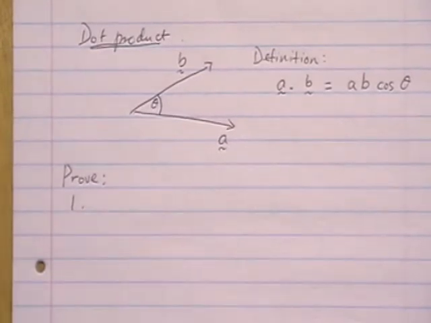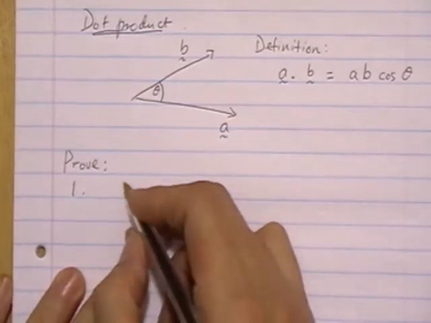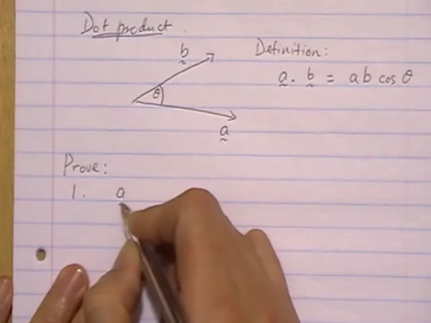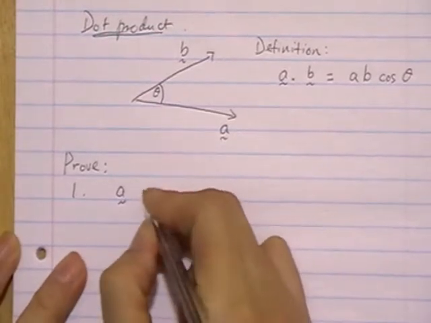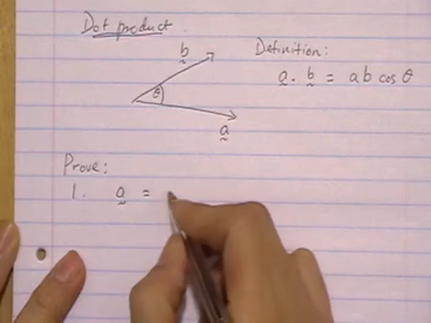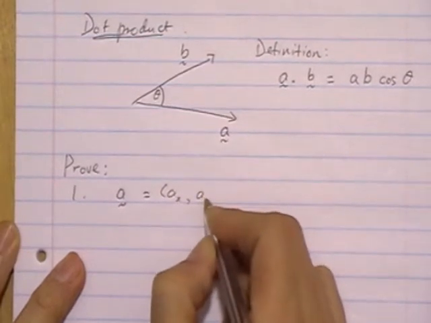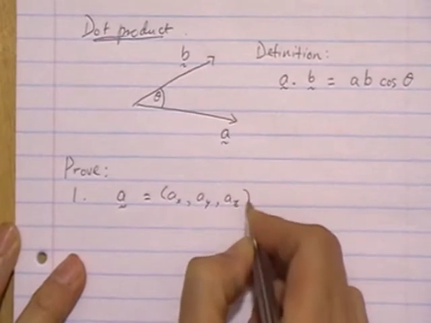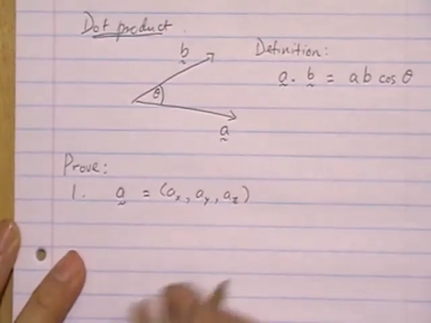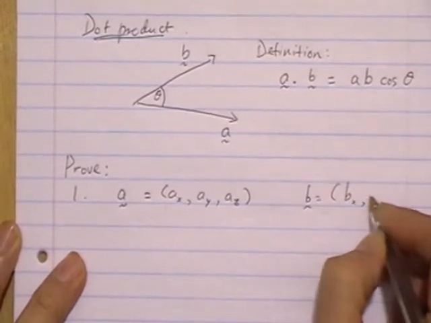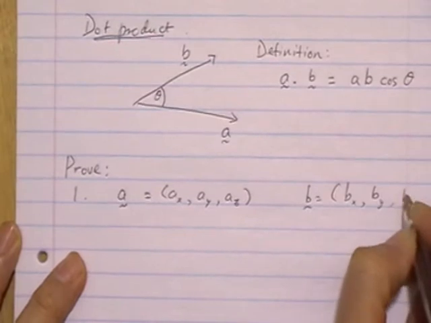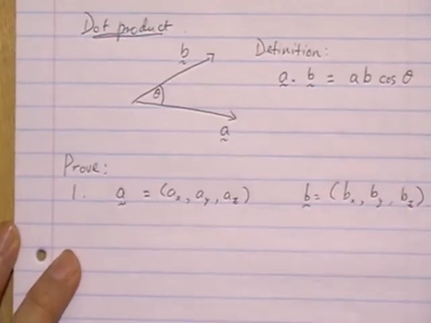Number one, suppose that the vector A is given by the components AX, AY, AZ, and the vector B is given by BX, BY, BZ.